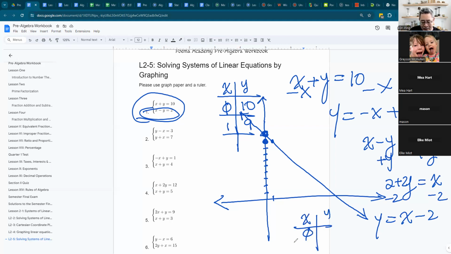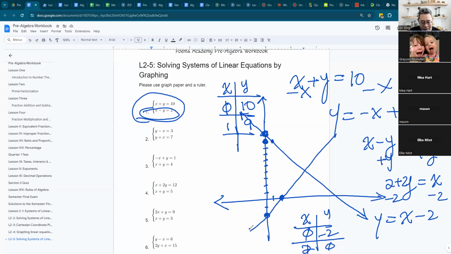So knowing that, I got 2 points. When x is 0, our y is negative 2. I can make x equal 2, then 2 minus 2 is 0. So I got 0, negative 2 here. That's 1 point. Then 2, 0 will be here. And then we got a line going like this.